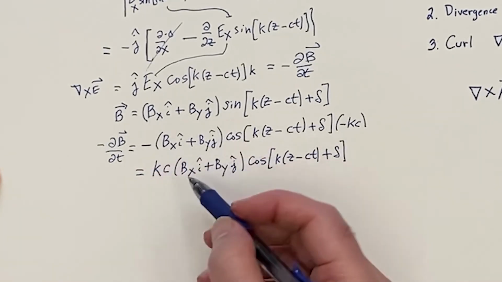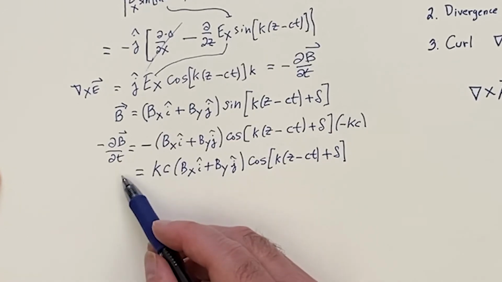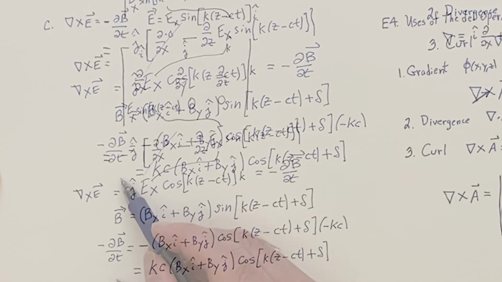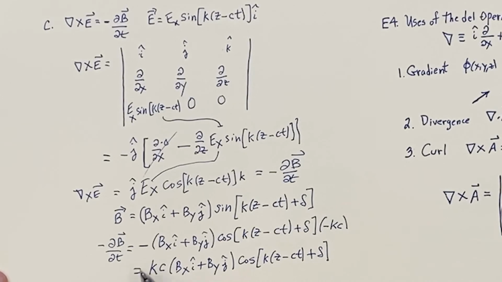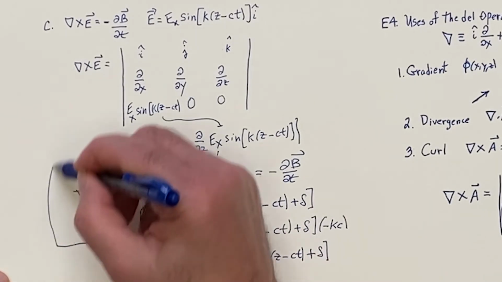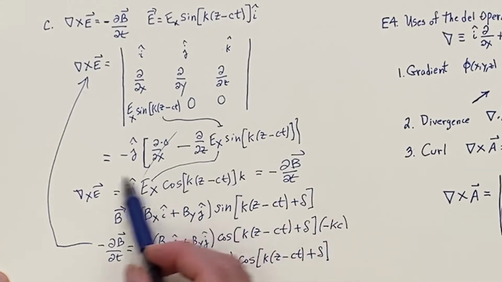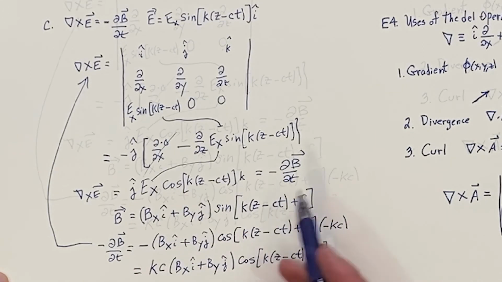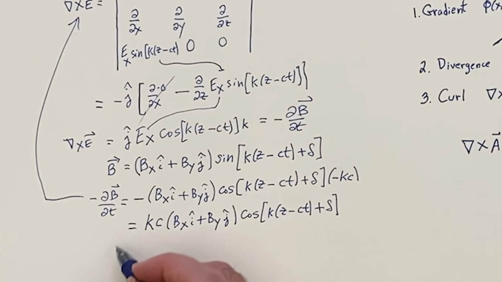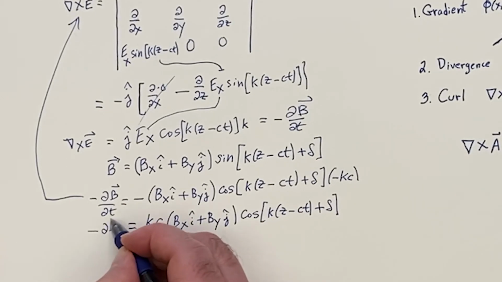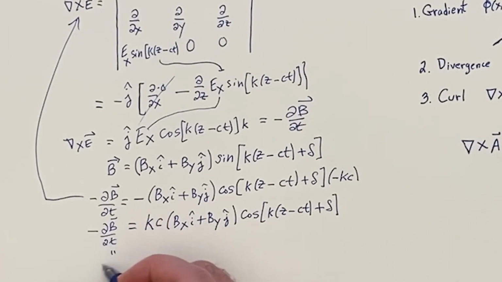And this derivative here needs to be equal to what I figured out up here. So that minus that derivative has to equal the curl of E, which I'll just copy over again.